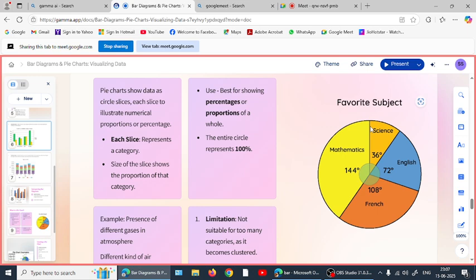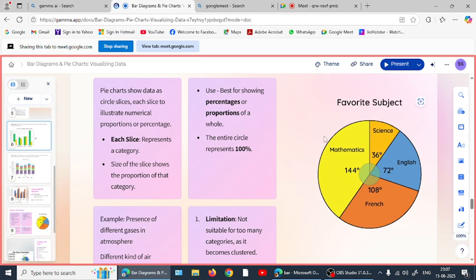You can see this kind of pie chart in geography books, like the air pollutants of earth, or the water pollutants, or the percentage of atmospheric gases.